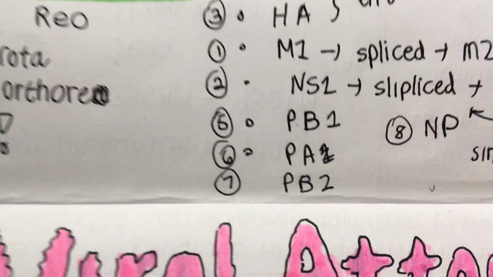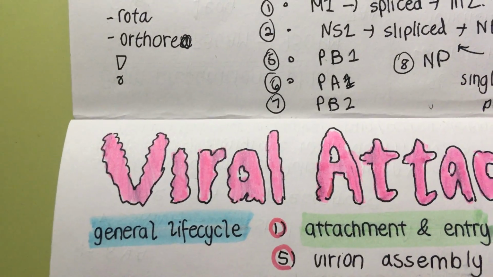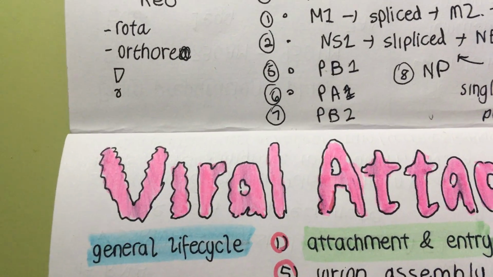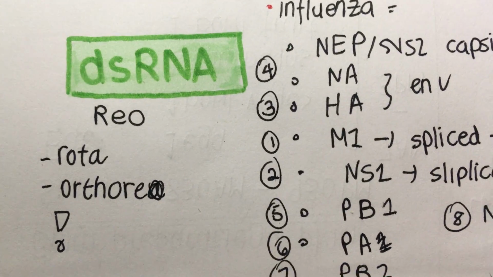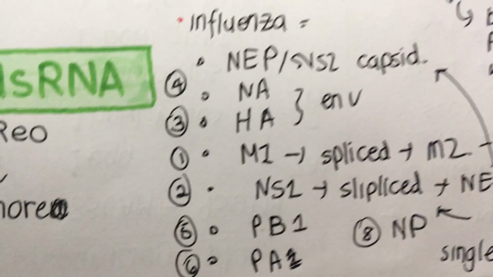The last category is a double-stranded RNA virus family called the Reoviridae family. These include the rota and orthoreoviruses.